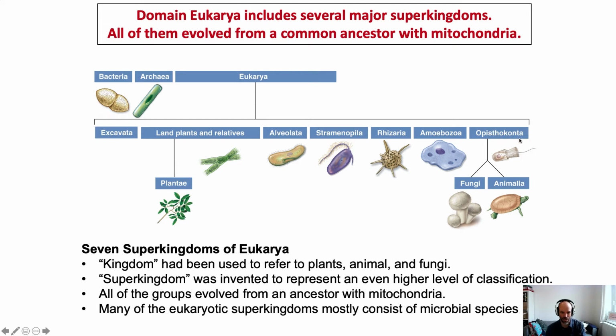And then in addition to the opisthokonts that include the fungi and animals and the larger group of plants and relatives, there are all of these other weird names that represent superkingdoms that are all microbial, or almost entirely microbial. We'll talk about some exceptions.